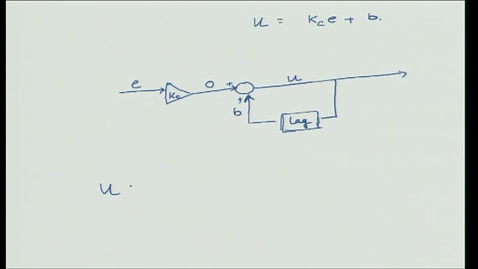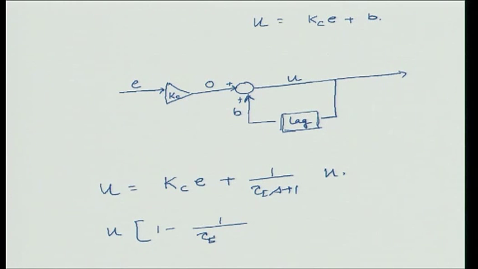U is equal to Kc times E plus B, and B is equal to U times the lag, and the lag is 1 by tau s plus 1 times U. If I collect the terms of U on one side, what I will get is U times 1 minus 1 by tau s plus 1 is equal to Kc times E, and this will give essentially tau s plus 1 minus 1. So, 1 and 1 will cancel out.